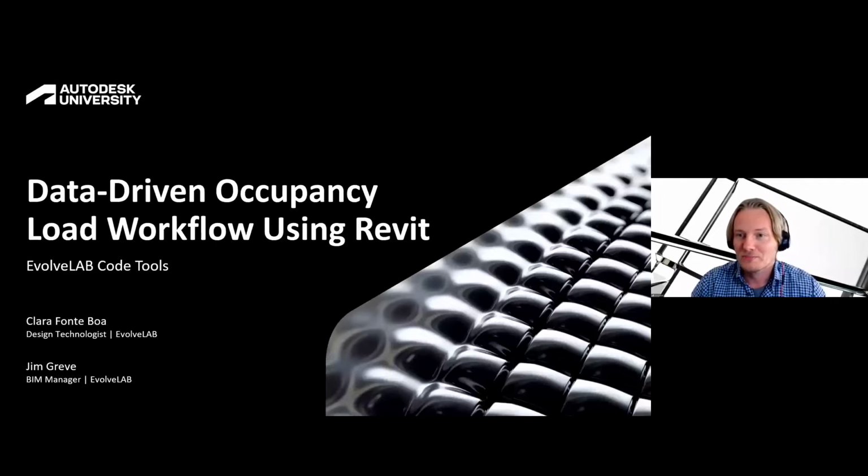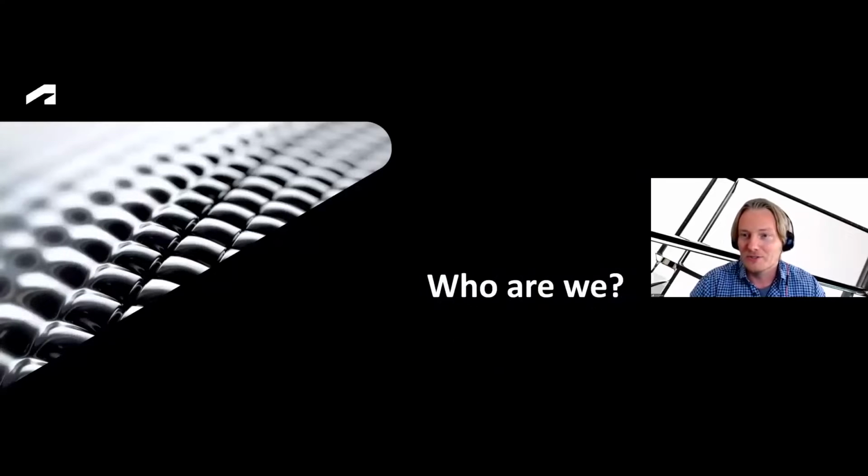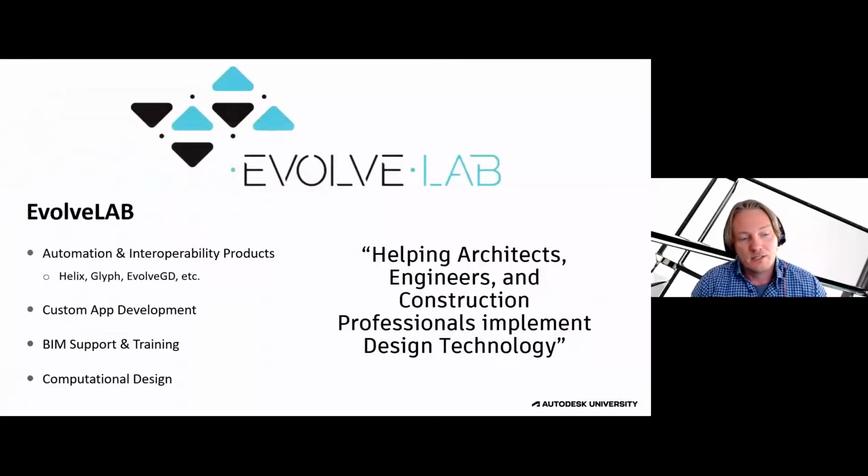So before we jump in, we'd like to introduce ourselves and tell you a bit about who we are. So we are Evolve Lab. Evolve Lab is a company we began in 2015 as an on-demand computational design and BIM consulting firm. Today we're comprised of licensed architects, BIM managers, design technologists, and developers.